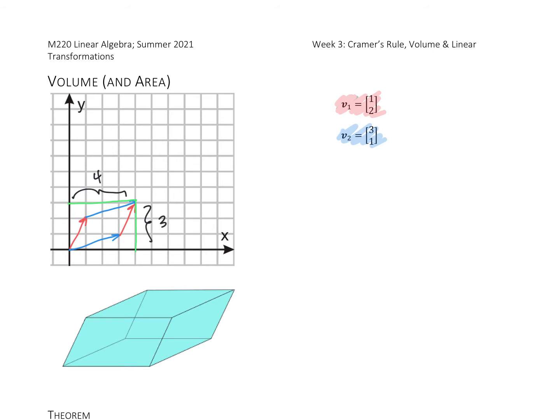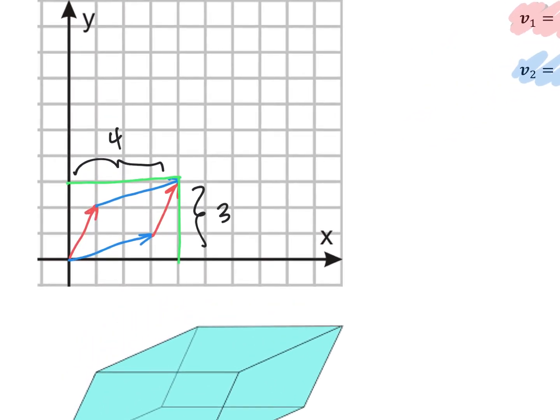But if I want to remove these things, I'm going to break this down into a couple of shapes. So I have a lovely bit of coconuts here, and by that I mean I have this little triangle right here that is a 1 by 2 triangle, and I have that exact same triangle over here that is also a 1 by 2 triangle.